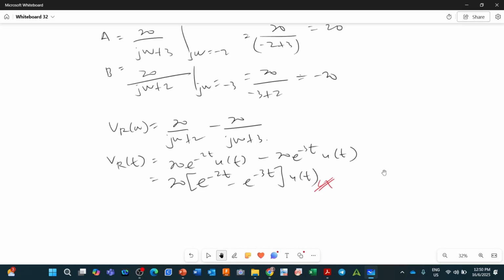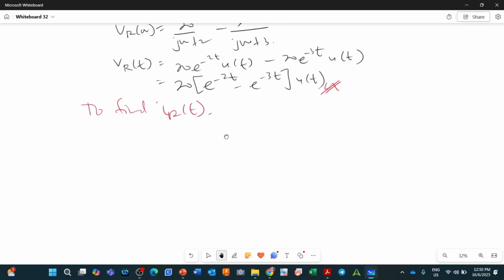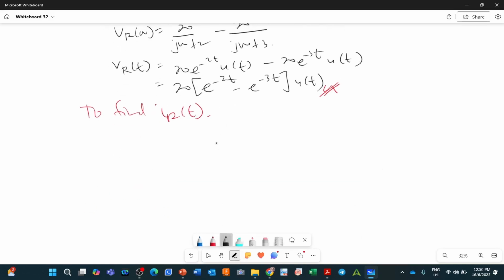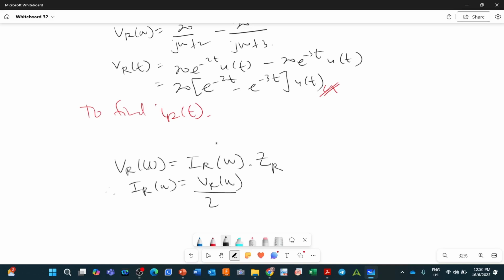To find IR, use the equation VR omega equals IR omega times ZR. Therefore, IR omega equals VR omega divided by ZR.